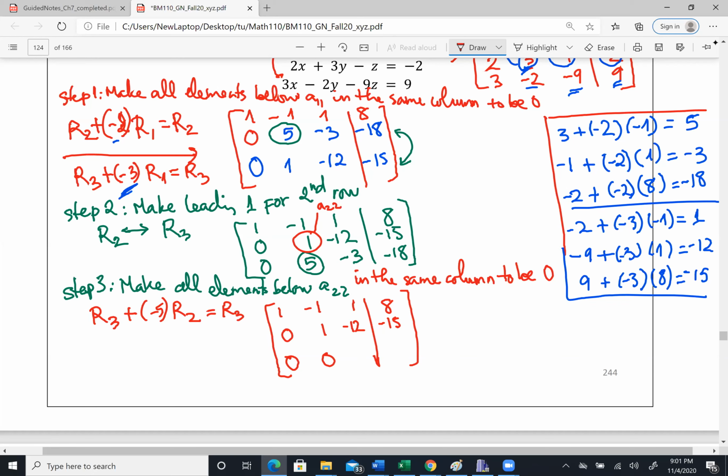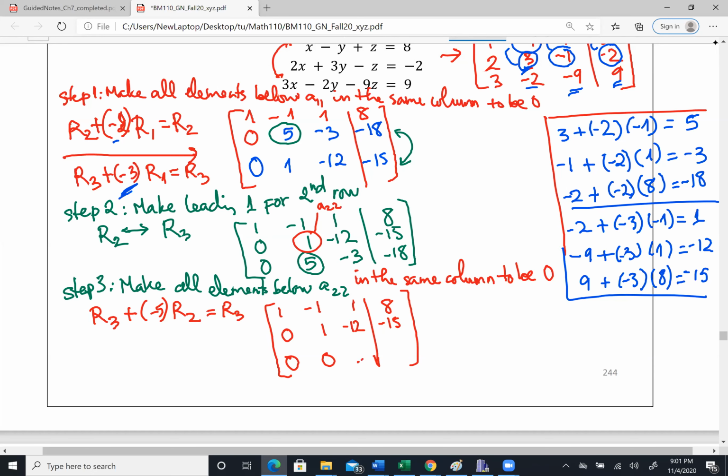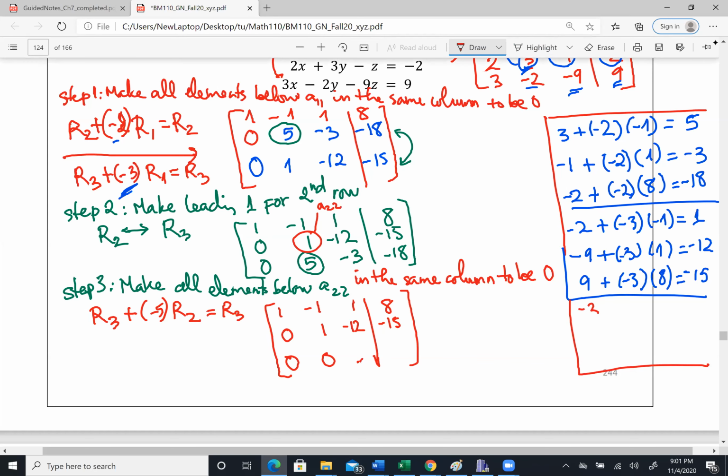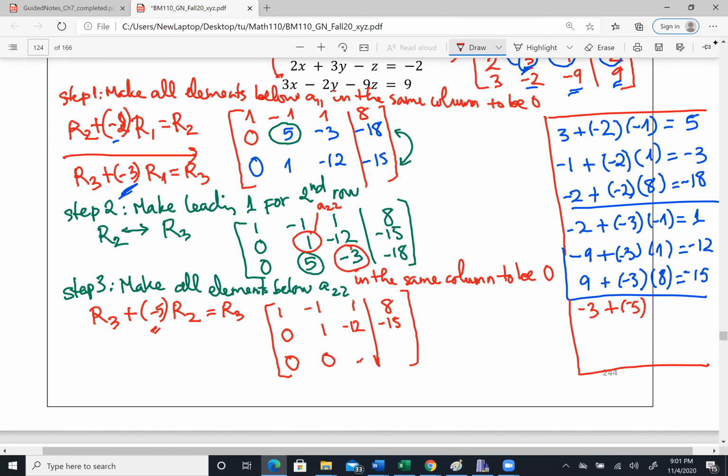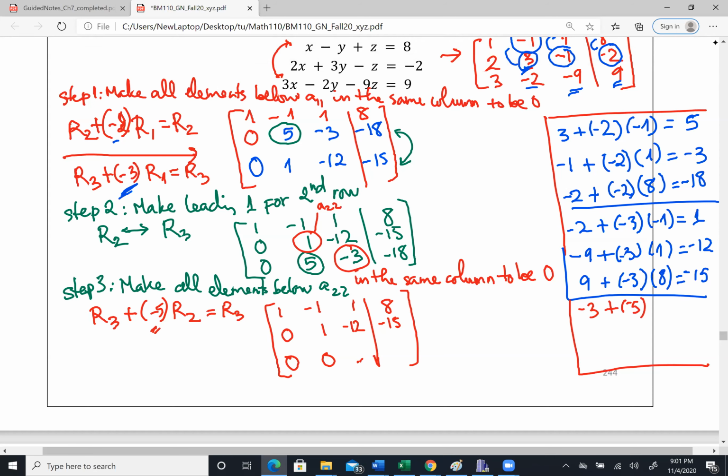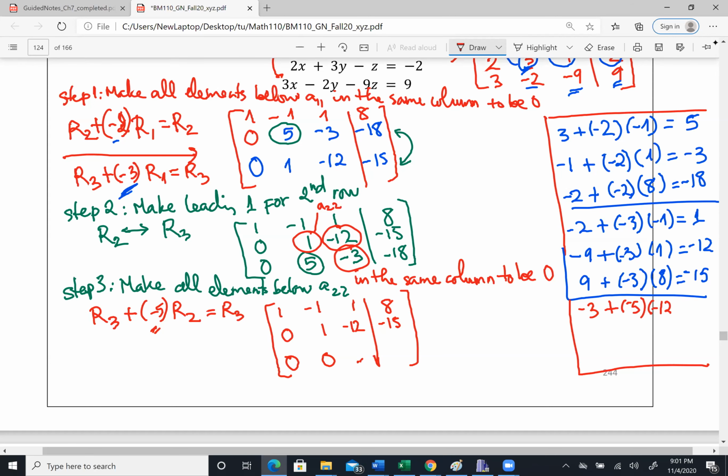What about this one? Okay, I have -3, right? It was from here. You add -5 multiplied with row 2. So row 2 is here. So multiply with -12.